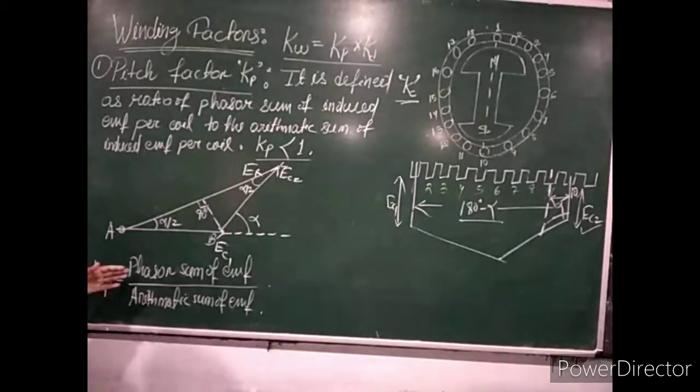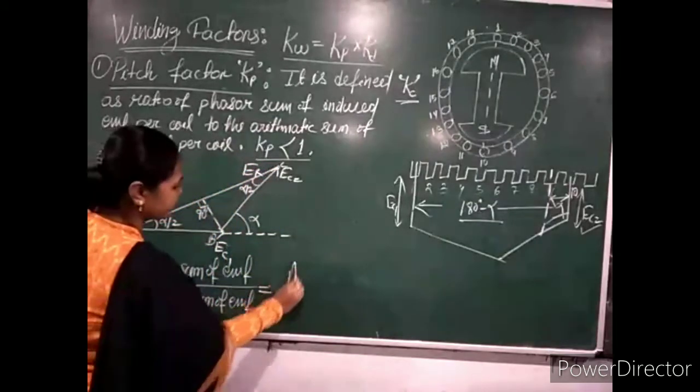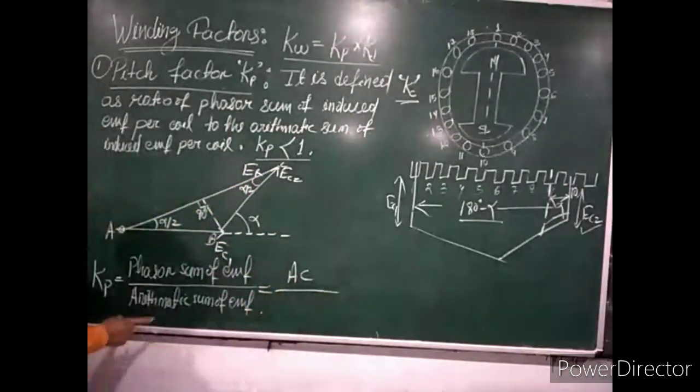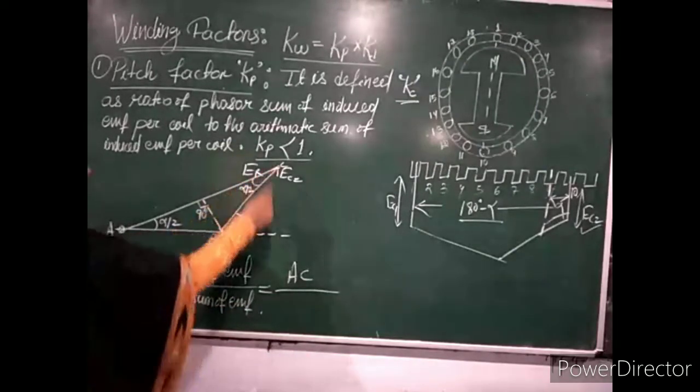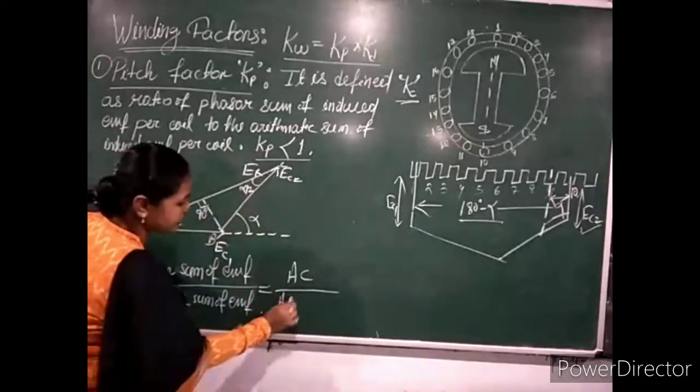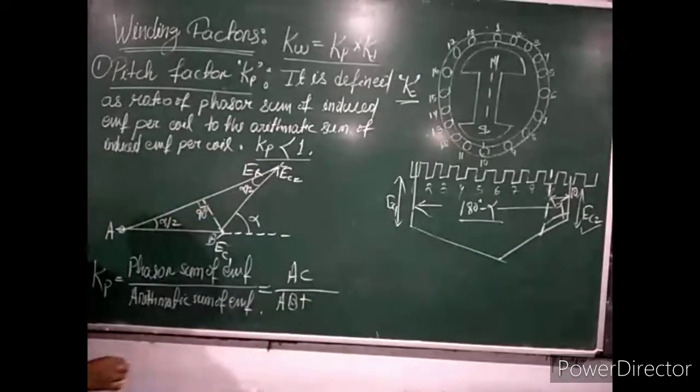Where does the phasor sum take place? In short pitch winding. Where does the arithmetic sum of EMF take place? In full pitch coil. So here, phasor sum of EMF means AC, and arithmetic sum of EMF means AB plus BC, which is equivalent to EMF induced in the full pitch coil.